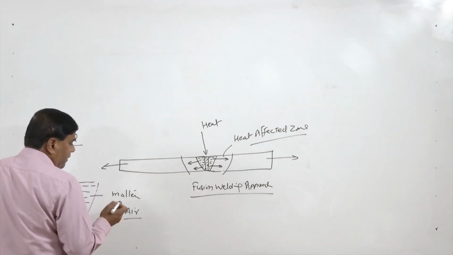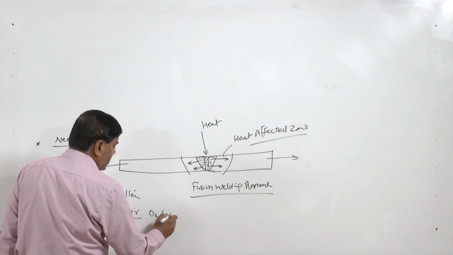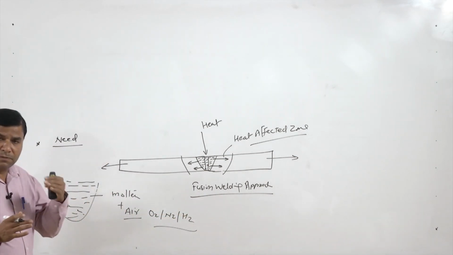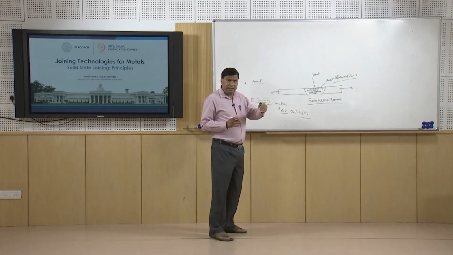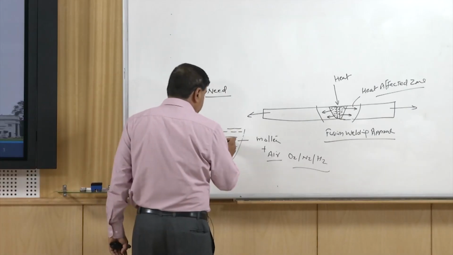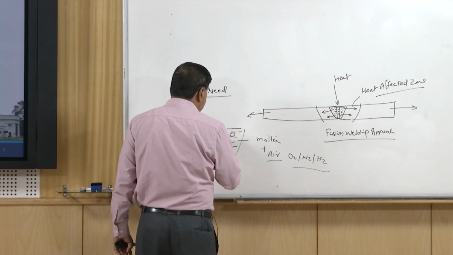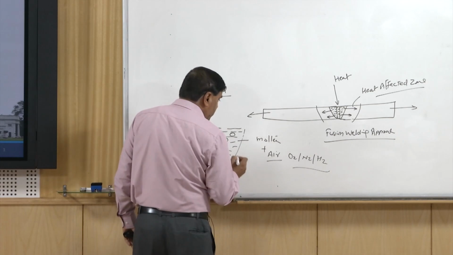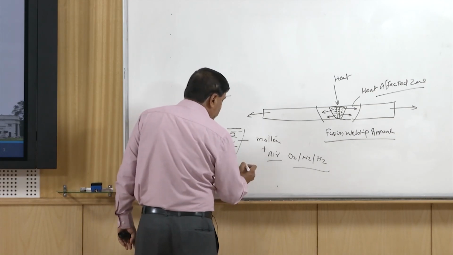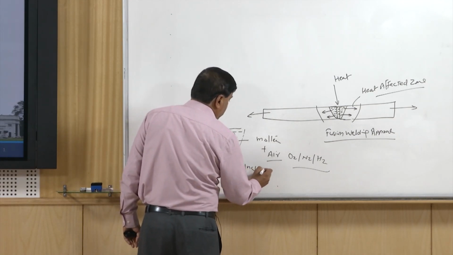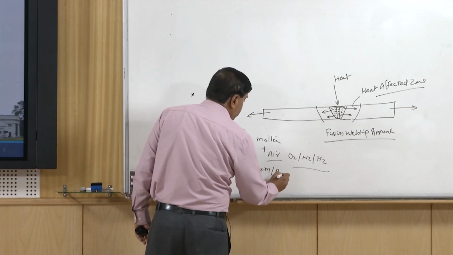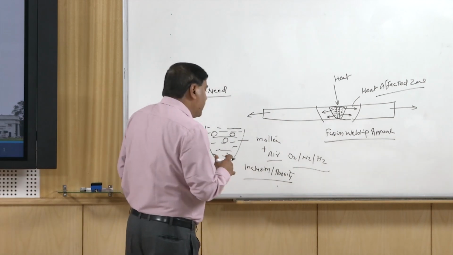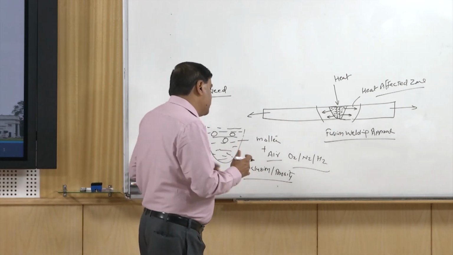So, like oxygen, nitrogen, maybe sometimes hydrogen also interact with the molten metal, forms their oxides, nitrides, hydrides, or even the gases may get dissolved in the molten metal under the higher cooling rate conditions. These can lead to the porosity. So, the problems like inclusions and the porosity are extremely common in fusion welded joints.